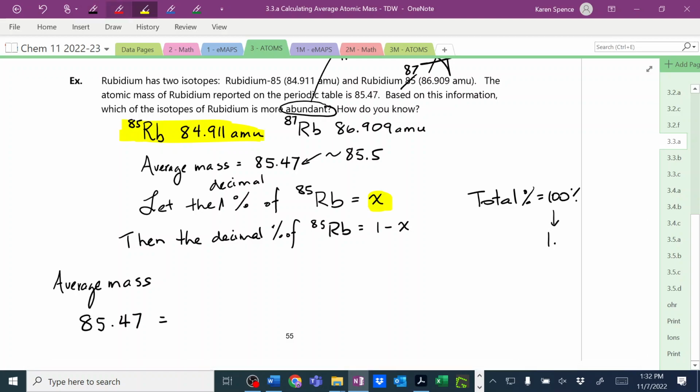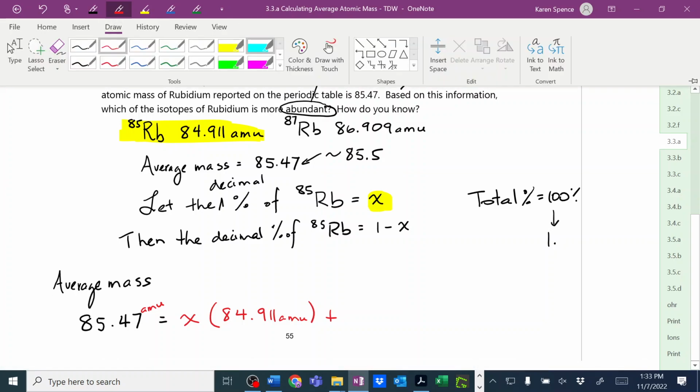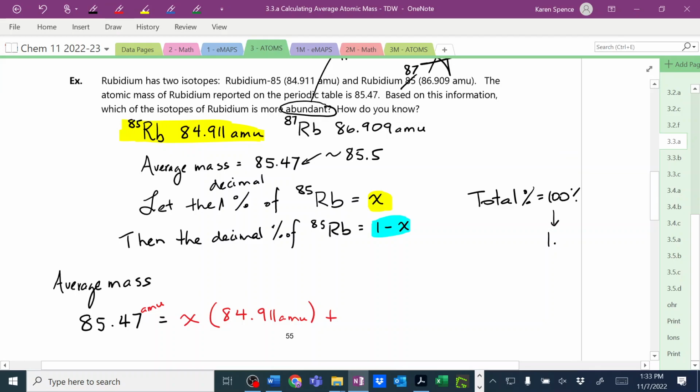So that's going to be X times 84.911 AMU. Okay, and then we're going to add to that 1 minus X of the rubidium-87. Oh, that should have been 87 here. Why did I write 85 again? That should have been a 7. Yeah?